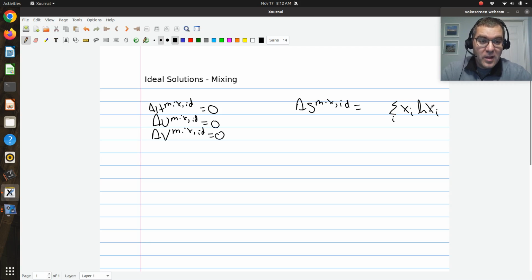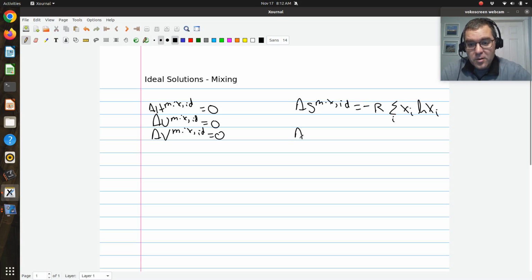That's always going to be less than 1, so log x_i is always going to be negative. Delta S of mixing always has to be positive, so I have a negative sign in front to change the sign. And then it's going to be a negative R. Remember, R has the same units as S, joules per mole Kelvin. So it's negative R sum over i of x_i log x_i.